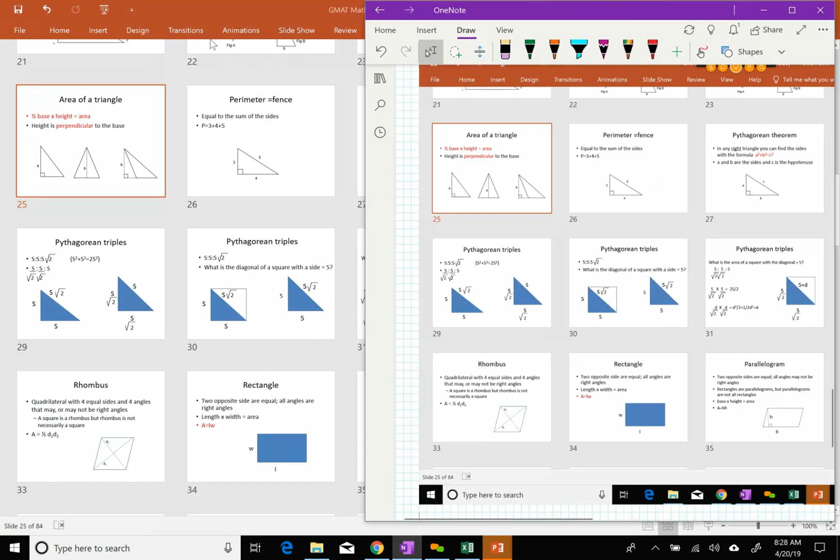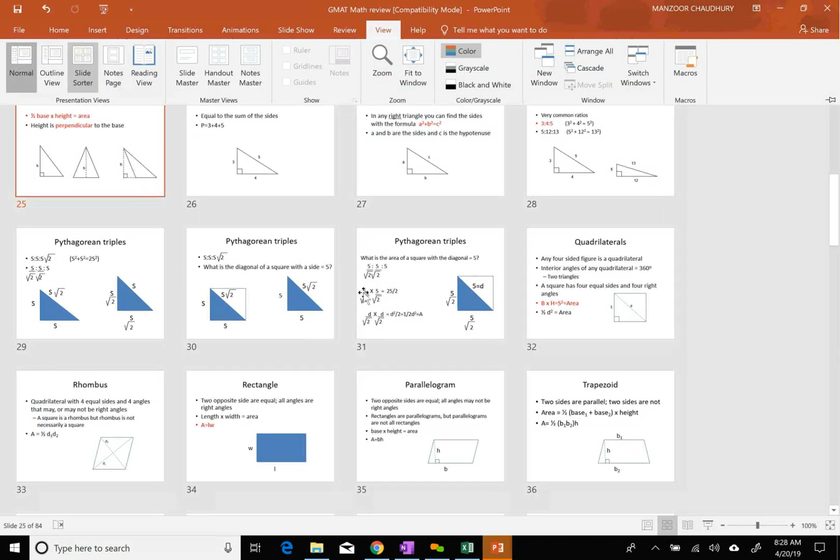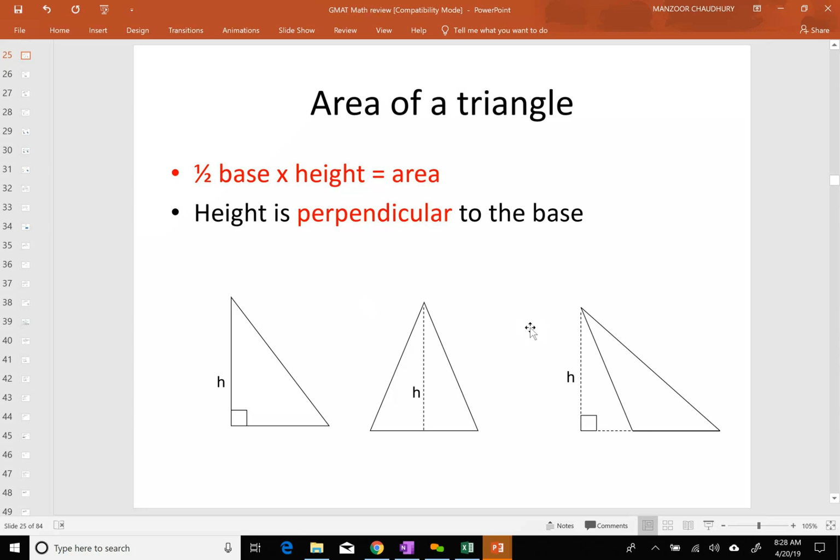Go over the slides. Area of a triangle is always 1/2 times base times height. Now, the height could even be outside the triangle. Look at the third picture here. The height is outside, and height is always 90 degrees. Sometimes you need the base and the height. You don't even need the other sides. The height is what's needed. Those two things are needed.